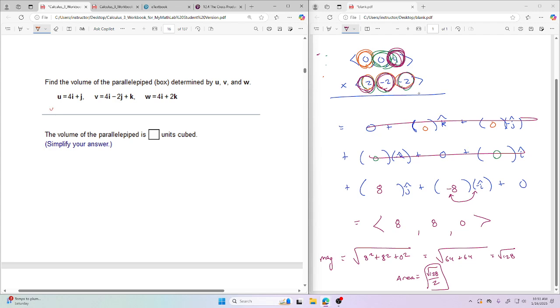Yeah, I'll even write them with little alligators so that I feel better about myself. Again, you can choose whatever one you want to be your U and V and W. But again, the formula is magnitude of U cross V dot W. That's your formula.